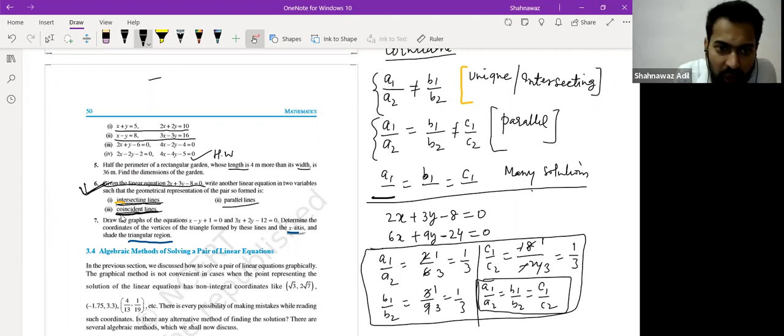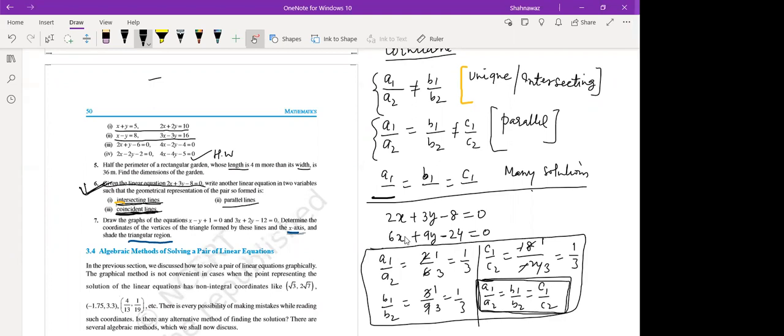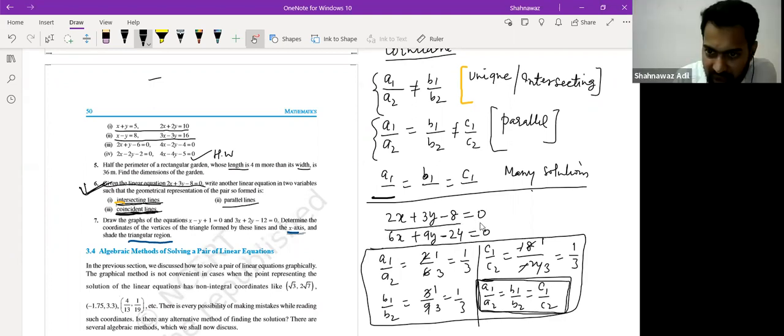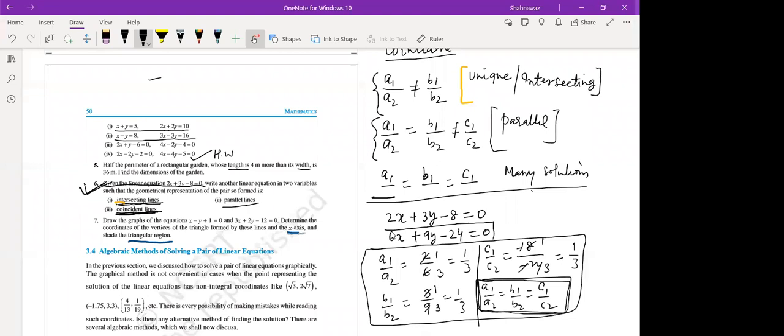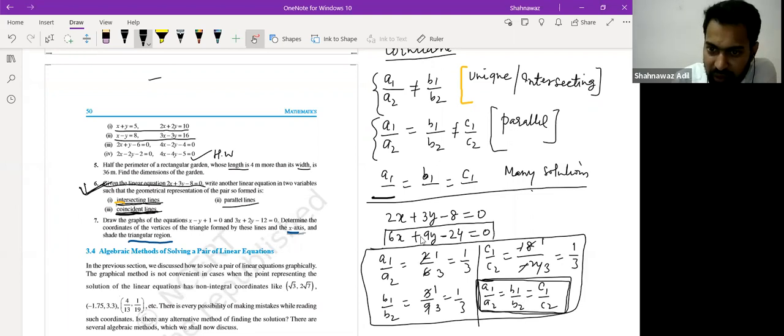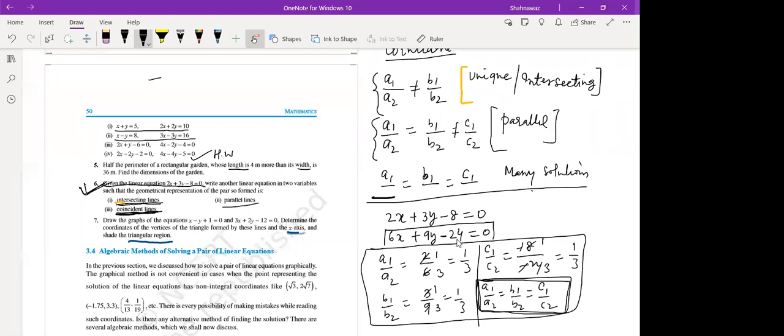Because for coincident lines, these are the conditions. So we have written our equation in such a way that this fulfills this scenario. That is why we chose this equation, right?